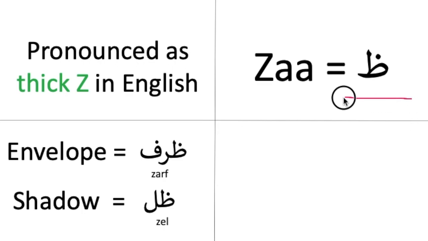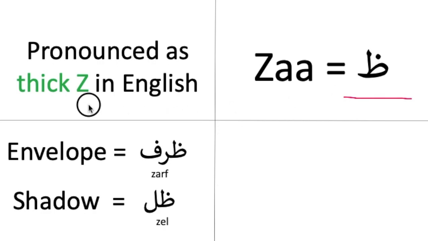Za. Za is the twin of ta, with the only difference being one dot on the top of how it looks. But it is pronounced differently than ta. Ta is pronounced as a thick T, remember?